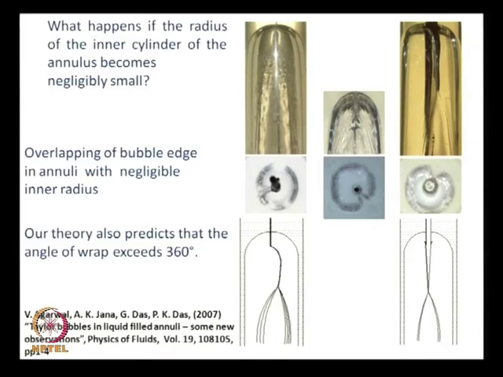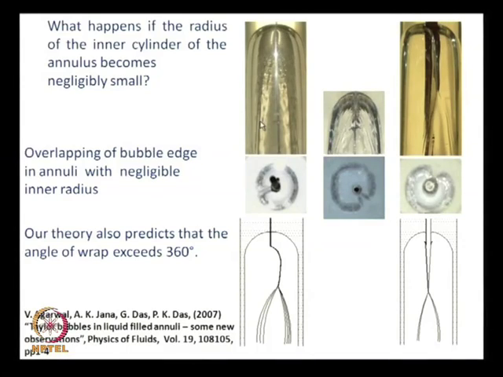Now, suppose the inner rod, we keep on making it narrower and narrower till it becomes a very thin wire. Are you able to picture the particular situation? Sure, all of you? So, in this particular case what happens? As we make the inner rod smaller and smaller, we find that the two edges keep on coming closer and closer to one another.